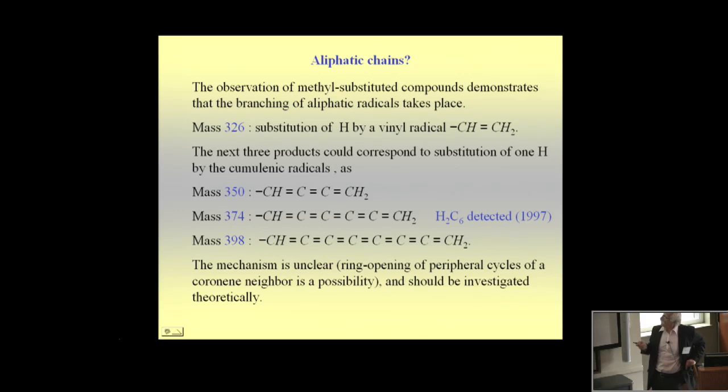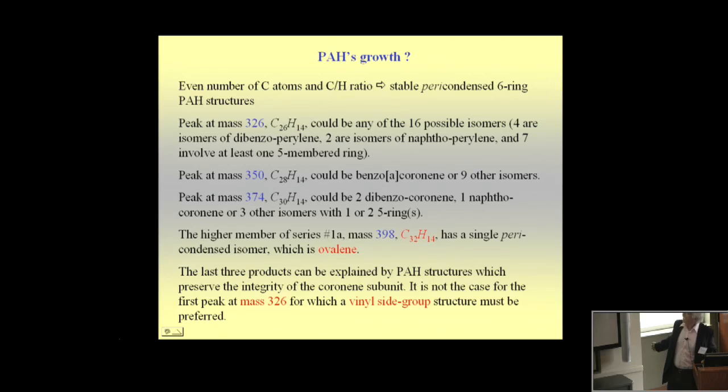But when such a chain is long like that, it should be very mobile, and at some time form a new ring. Okay, that's the kind of thing we are thinking about. Of course, it needs theoretical work to better understand.